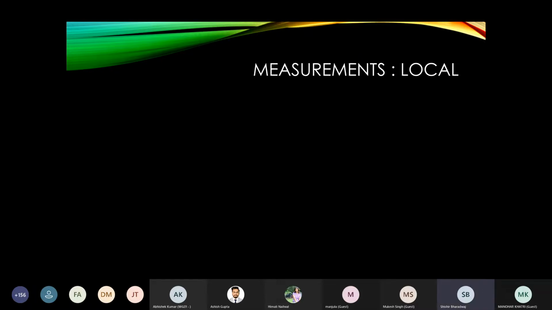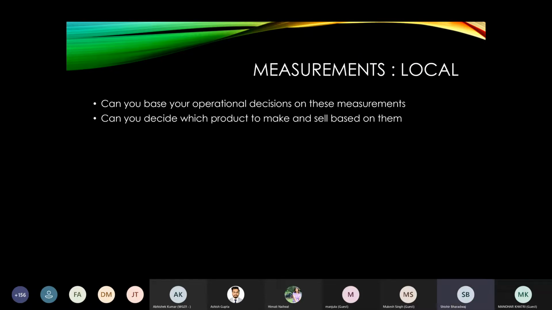And if we start using these profit measurements for making local decisions, we are faced with these situations. Can you base your operational decisions on these measurements? Can you say on a shop floor that this is going to cause an increase in profit? Quite unlikely. So we start focusing on cost. Can you decide which products to make and sell based on these global measurements?